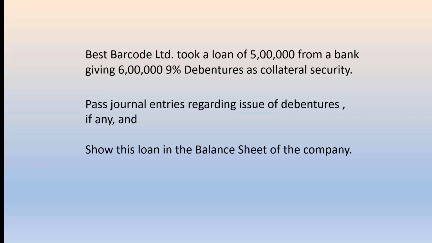The holder of such debenture is entitled to interest only on the amount of the loan, but not on the debenture supporting that loan. In other words, collateral security means additional security, that is, in addition to the prime security.